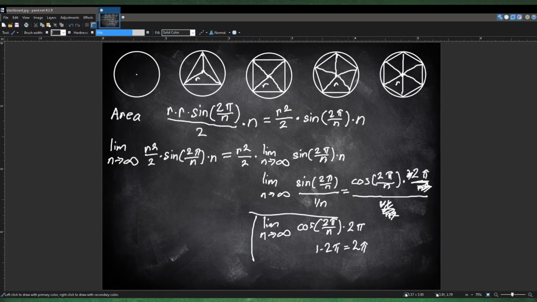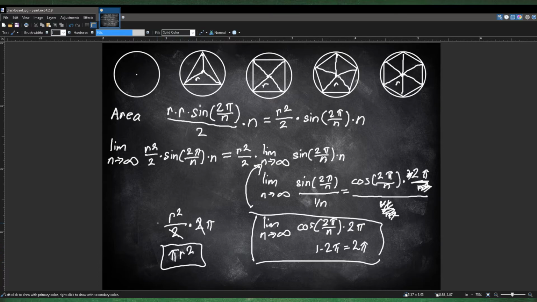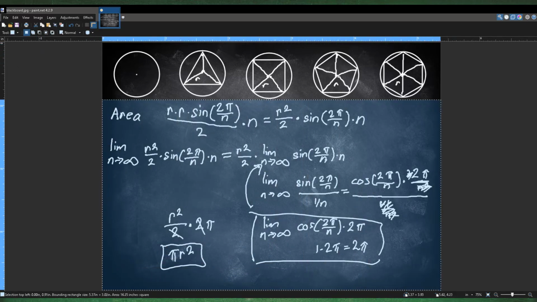So all of this substitutes for this. Now we have r squared over 2 times 2 pi. Then the 2s cancel each other out, so you have pi r squared. And that is your formula for area, which is true. Okay, so we got this formula.